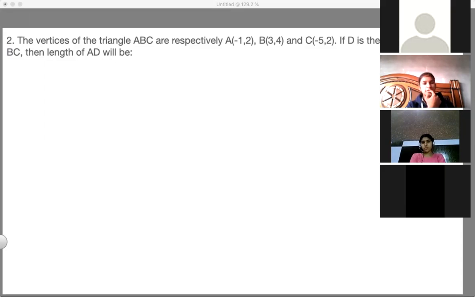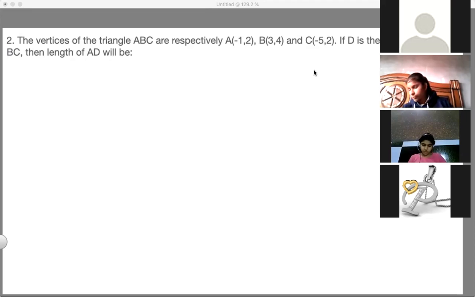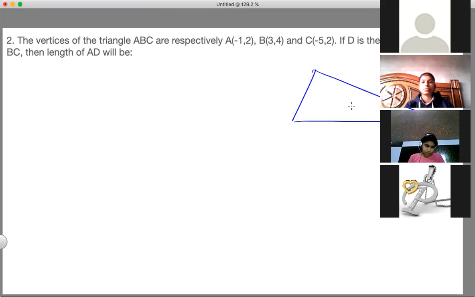Oh, yes, sir. We have to find the length of AD. Okay, so what does it mean? A, B, C, and D is the midpoint of BC. We have to find this length.